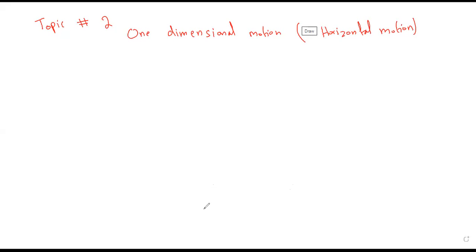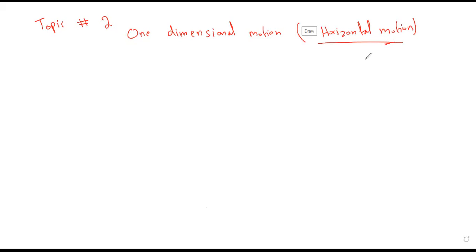velocity, the displacement, the acceleration, time, that totally depends. Okay. Now in this section, you'll see the examiner might give you a scenario where there's a car, a person, a train, a plane, no, not a plane, because we are talking about the horizontal motion, but anything that is traveling in the horizontal motion, right? So the examiner would give you some of the things. Let's say he would give you the time, the direction, or the distance, or the displacement, and the velocity, and he would want you to calculate the acceleration.